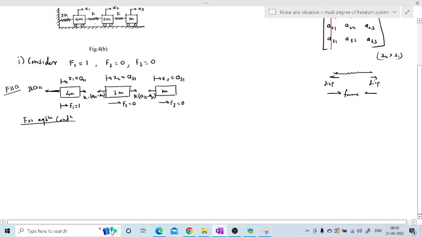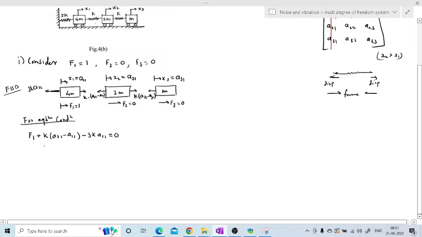So from this mass, you can write F1, which is on right side, then this force plus K (A21 minus A11), then this force minus 3K A11. See, we have considered the force direction as positive, so this right side is positive and left side is negative, and the summation of all will be equal to 0. Okay, so I have written for the first case.